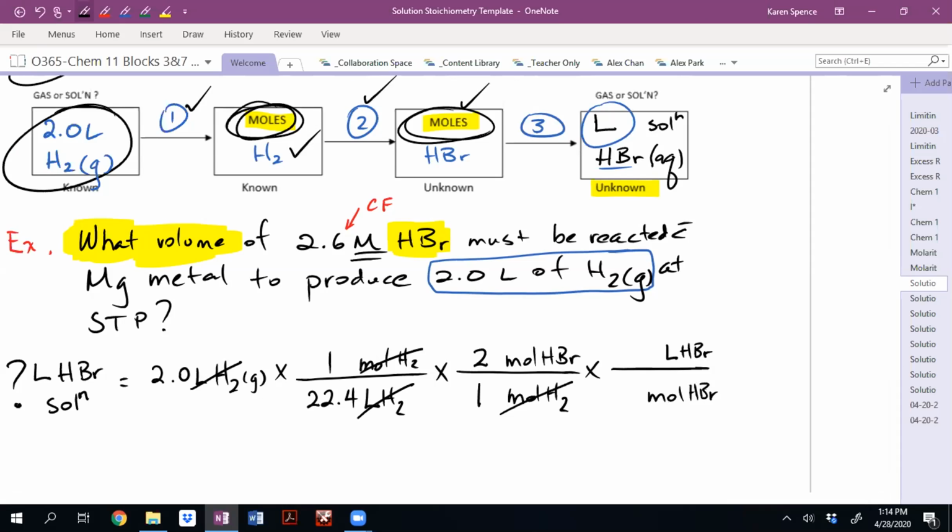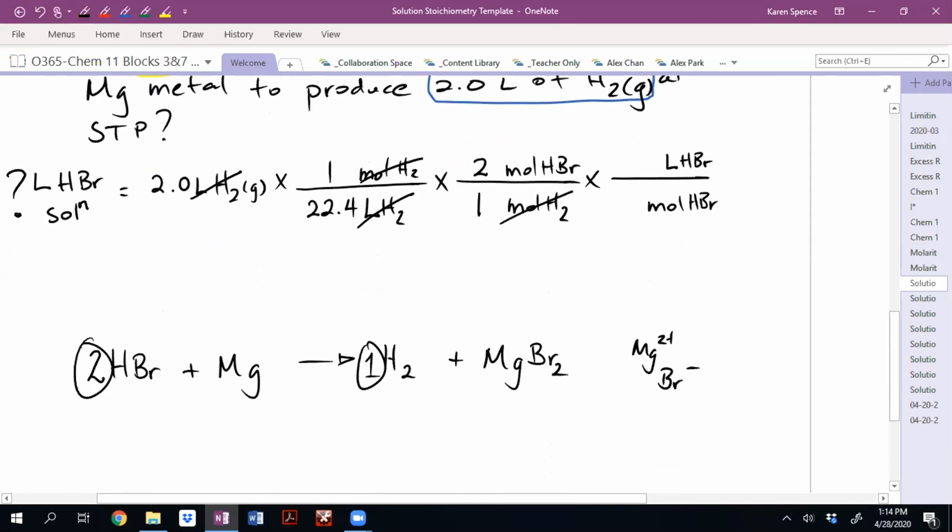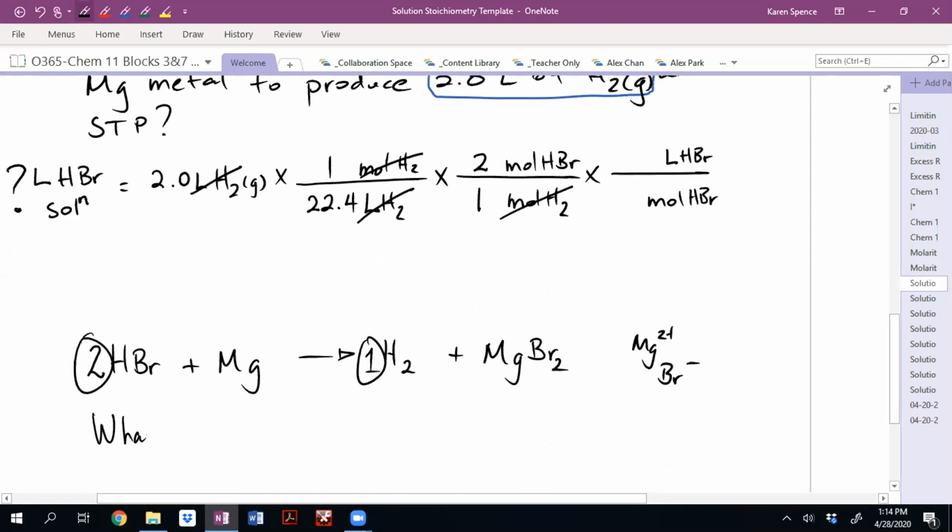What conversion factor do we use to convert between moles and liters when we have a solution? Isn't it the 2.6? It is the 2.6.